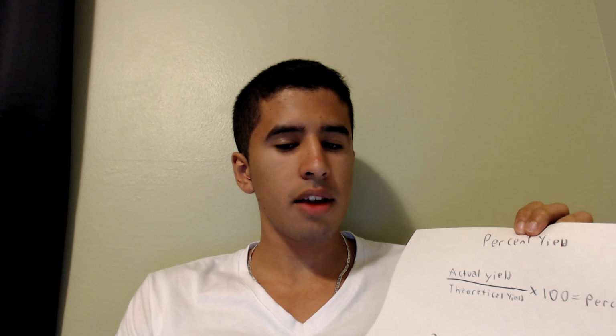You didn't measure something right, or we're not perfect, so you're probably going to mess up, but hey, whatever. So you would take the actual yield, what you actually got, over the theoretical yield, what you theoretically would have gotten if you hadn't messed up, and multiply that by 100, and you would get the percent yield.